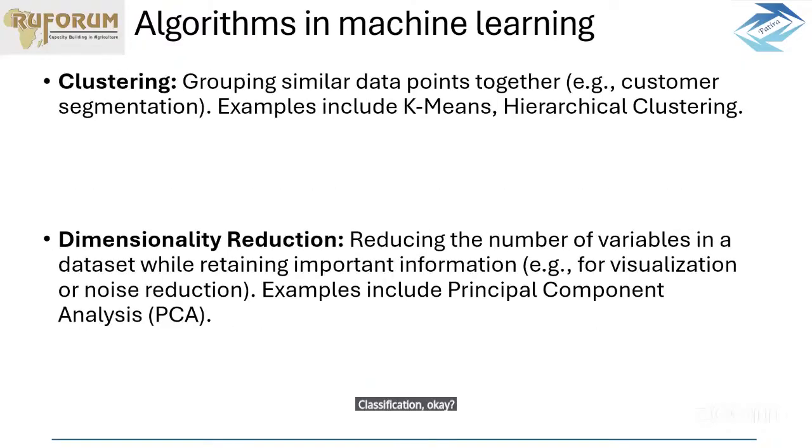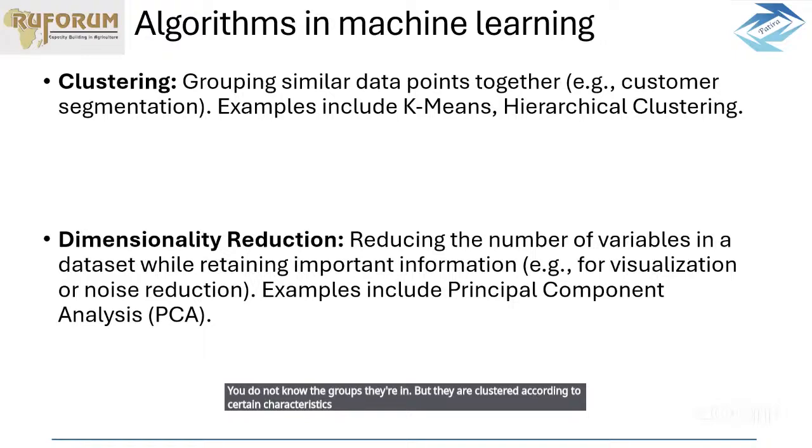Okay. We also have clustering algorithms. These ones help us to put points together, as I said earlier. Okay, you can group information when you do not know the groups they're in, but they are clustered according to certain characteristics that exist in the data.